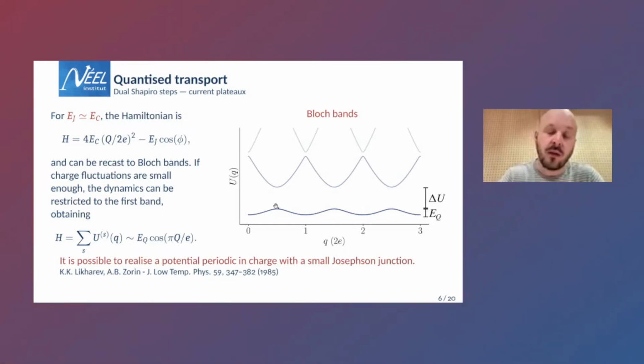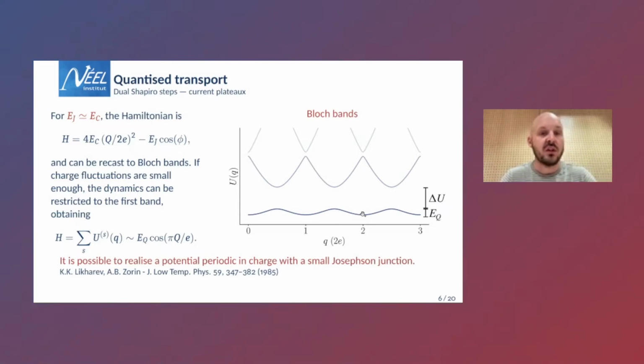Now, if you really want to observe these steps, you need to restrict the dynamics of your effective charge particle to one band, similarly to what we discussed regarding the AC Josephson effect. So you want your particle to live only on this band.